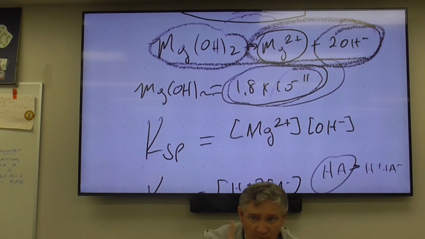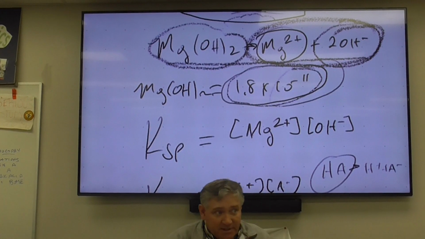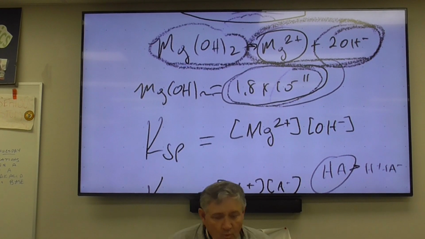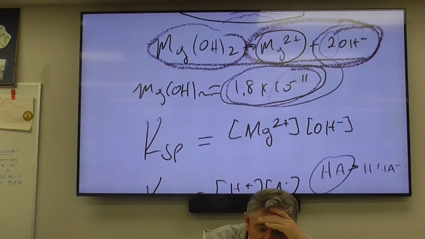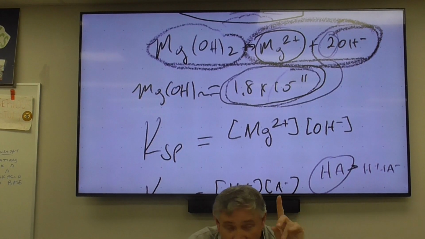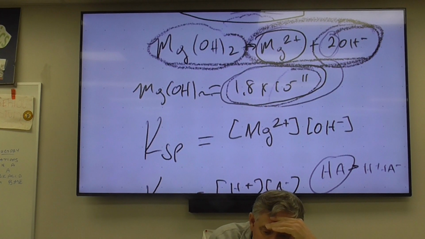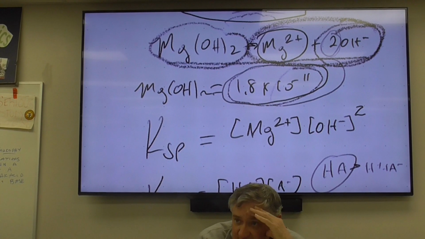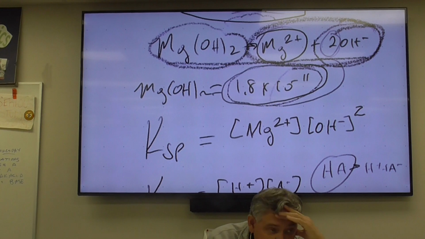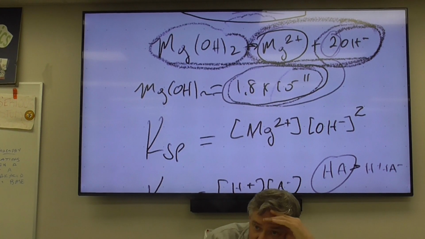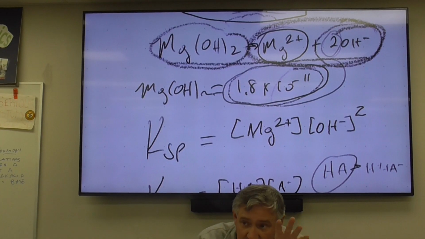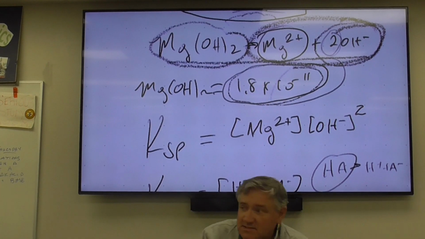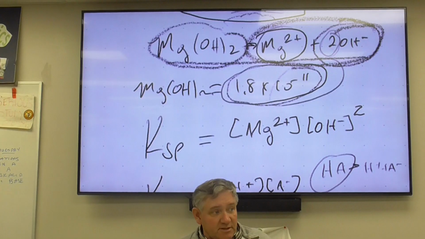Now, where this gets a little quirky is that if there's a coefficient in front of the hydroxides, like a 2, that means that concentration gets squared. If there was a 3 in front of it, it would get cubed, okay? You didn't have to worry about that on the acid side because everything was always in a 1-to-1 ratio.